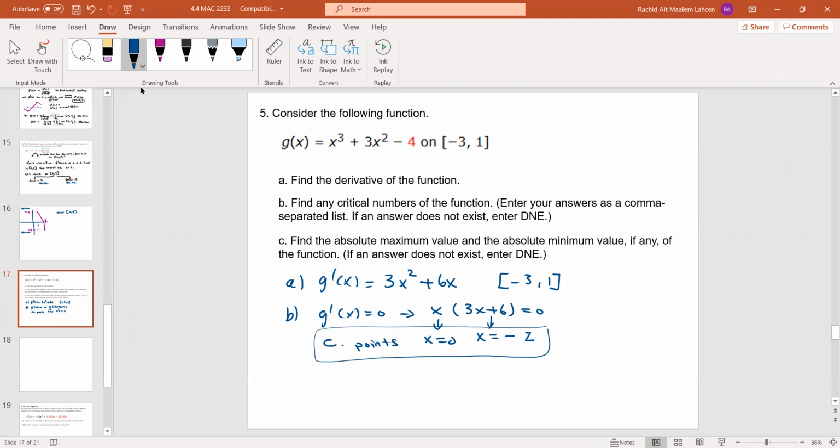And now you have to investigate: you have this interval -3 to 1, and we have 0 and -2. So maybe we do this in a different color just to show -2, 0.